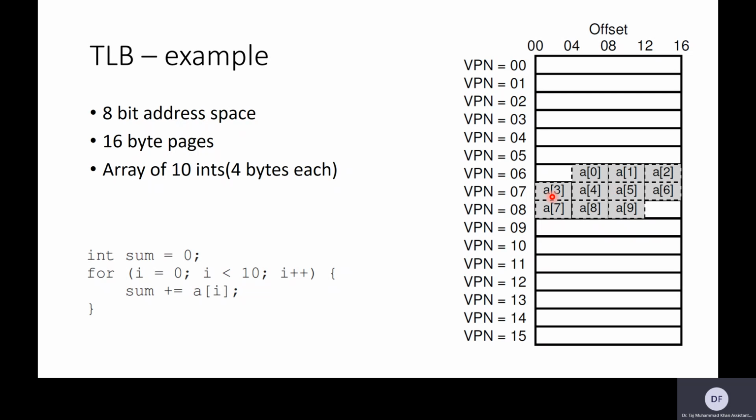Next, when we access A3, the entry for page 7 is not inside the TLB, so again for A3 we'll get a TLB miss, and we'll access RAM twice, but for A4, A5, A6 we will get TLB hits. Okay. Similarly for A7 there will be a TLB miss, but for A8 and A9 there will be TLB hits.